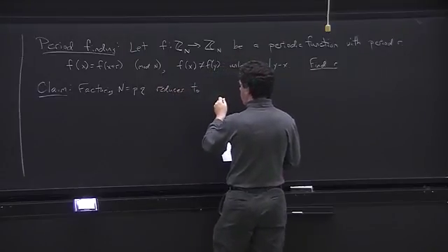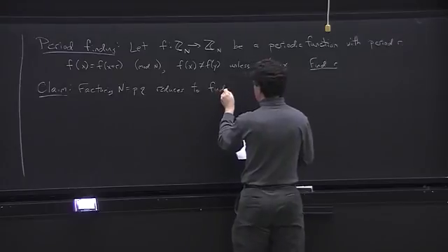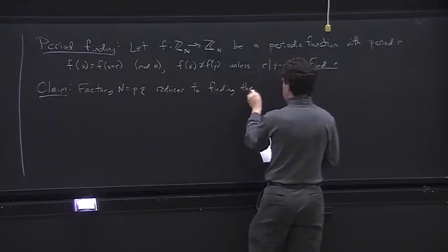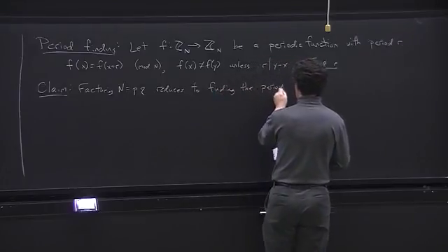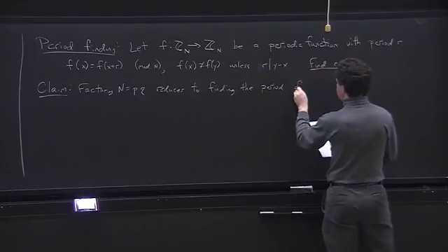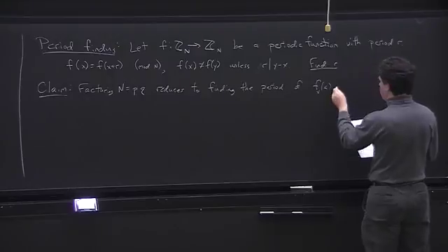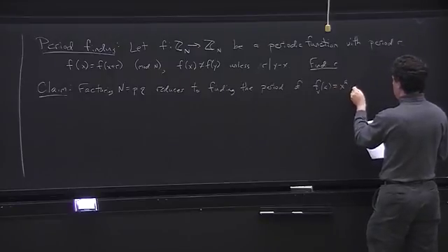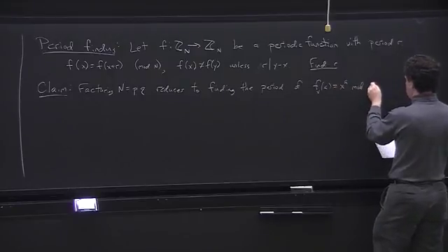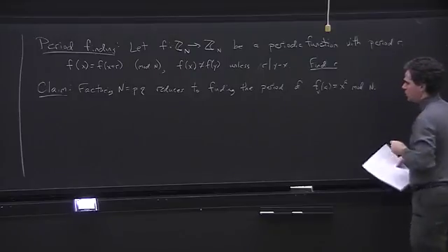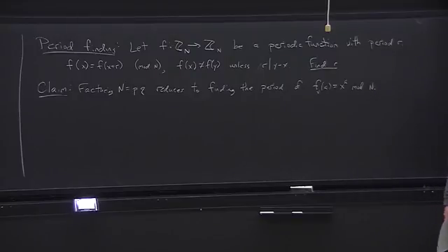In particular, we want to find the period of the function f of a, which is x to the a mod n. And we're going to do this for multiple different x's.